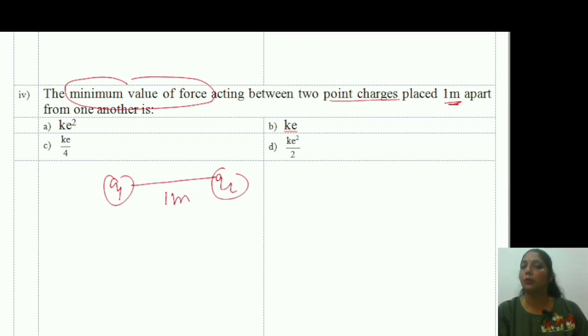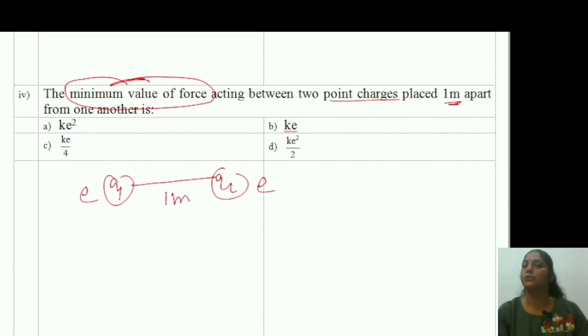Minimum force is only possible if the charge is minimum, and the charge of an electron is the minimum; other charges are multiples of that minimum value. So minimum force means the charge is an electron. The first charge is an electron, the second charge is also an electron, because minimum force is only possible if the charge is less, and minimum charge is only for electrons.